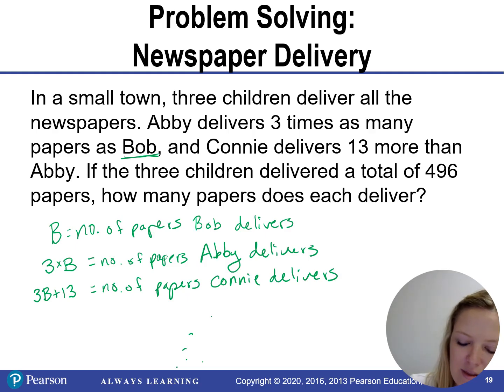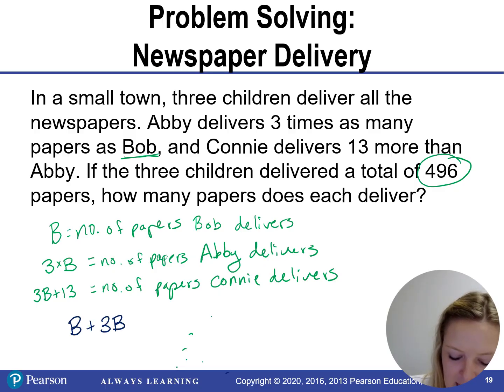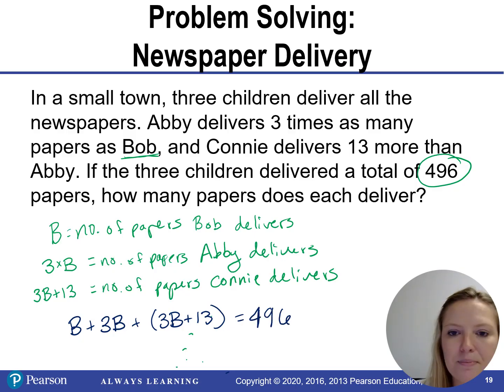So we know that they all sell a total of 496 papers. So Bob's number of papers plus Abby's number of papers plus Connie's number of papers all equals 496.